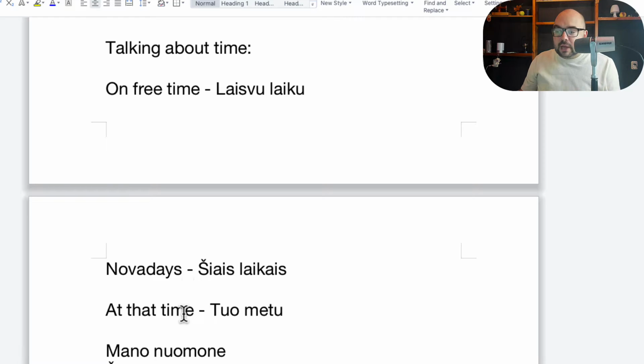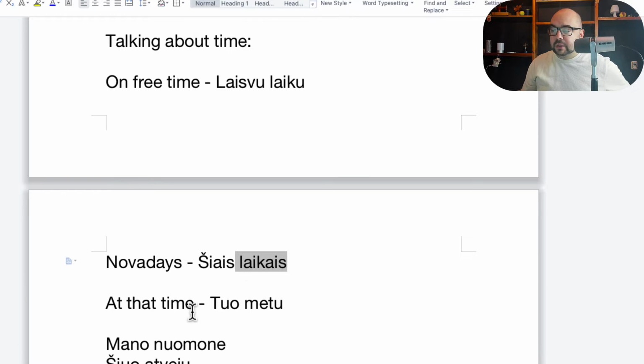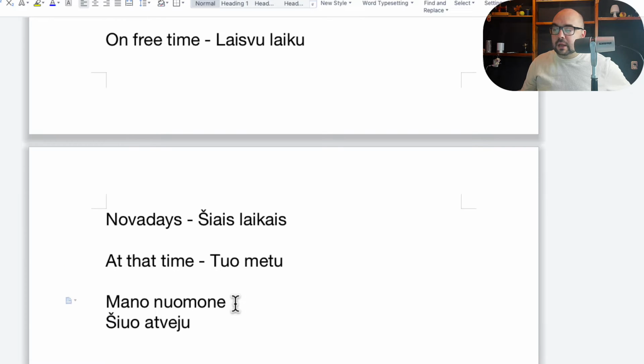Laisvu laiku. Nowadays, šiais laikais, these times, you're saying in Lithuanian, these times, laikais, right? At that time, tuo metu, metas, metu, right? Metas nominative, metu, it's the same as laikas, the same ending.